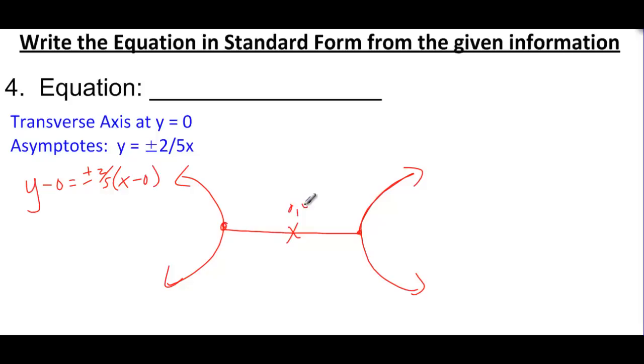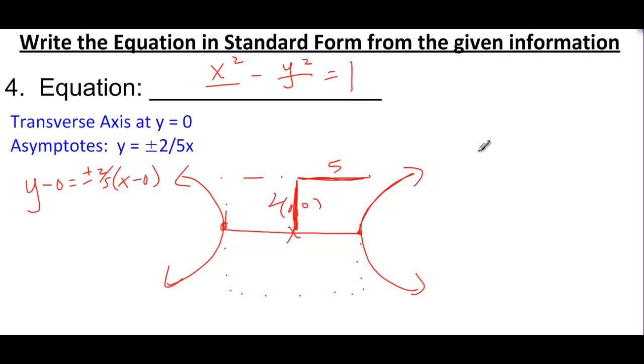So my center is at 0, 0. Given that, and it goes left and right, my x value comes first, so I can just write x squared minus y squared equal to 1. And now, because I know my slope is 2/5, I know my rise is 2, and the run is 5. So this is where the rectangle would be.